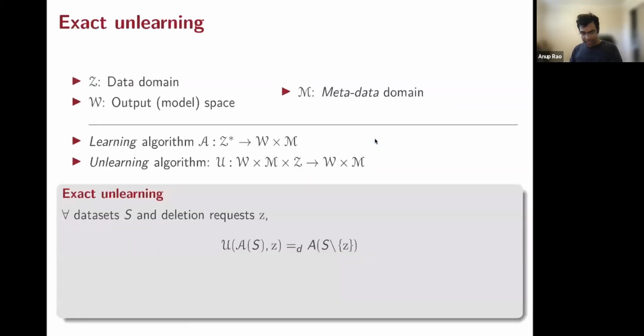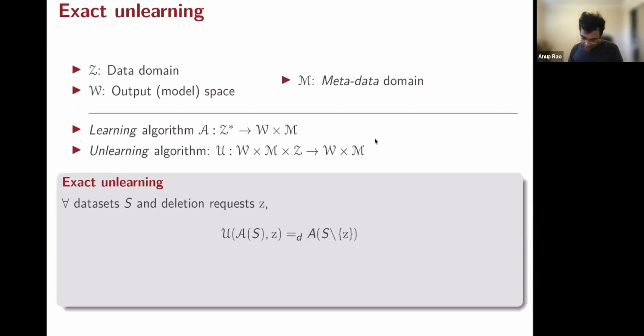By exact unlearning, we want the output of the unlearning algorithm to be equal to the output of the training algorithm on the deleted data set in distribution.